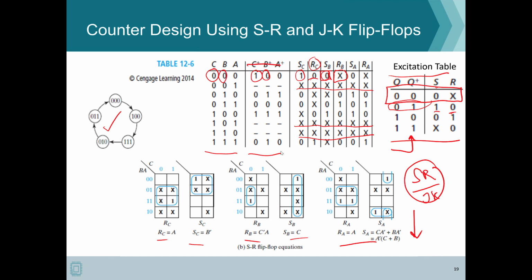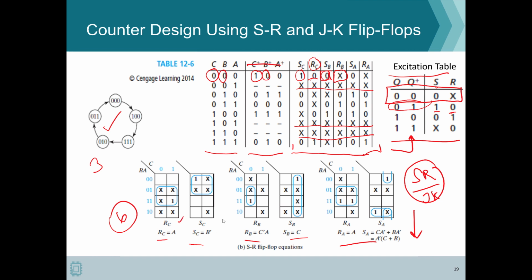And then, as you can see, since each of these SR and JK flip-flops has 2 inputs each and not 1 input, even for a 3-bit counter, you will need to generate 6 K-maps. So the design process is complicated, but again, you gain on the number of gates.